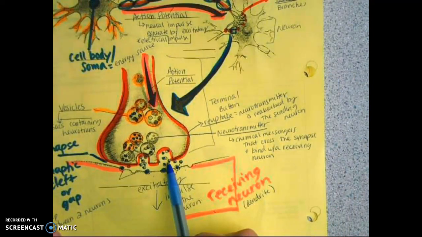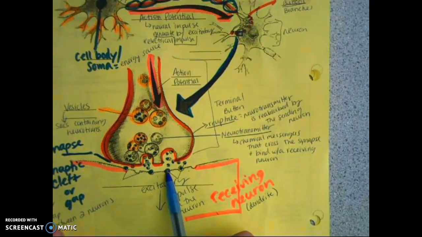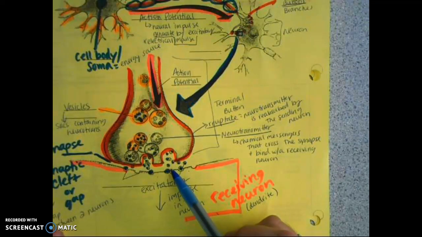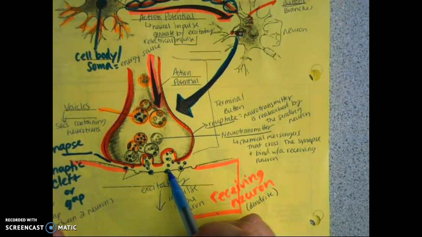Okay, so once it latches on to the receiving neuron, it's most likely going to generate an impulse. Then, after a period of time, it depends on the neurotransmitter, it will then move back across the synapse into the sending neuron to repeat this process over and over again.